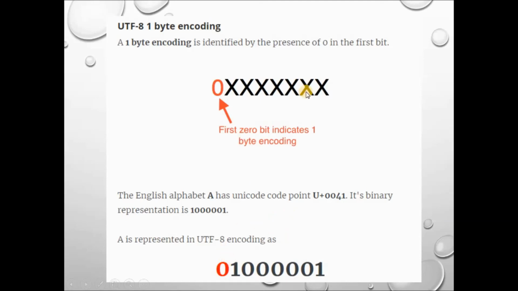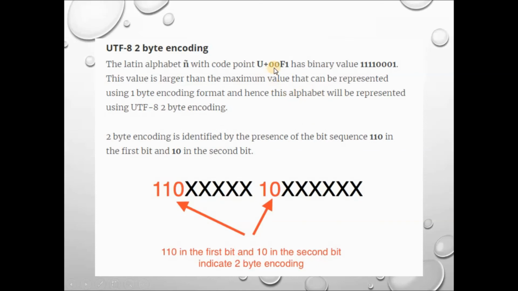After that, 2 byte encoding: 8 bits and 8 bits, 2 bytes. If it is 2 byte encoding, then in the first byte we write 110, and in the second byte 10. This is 2 byte encoding.